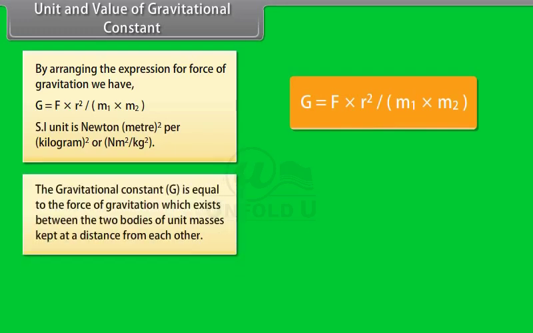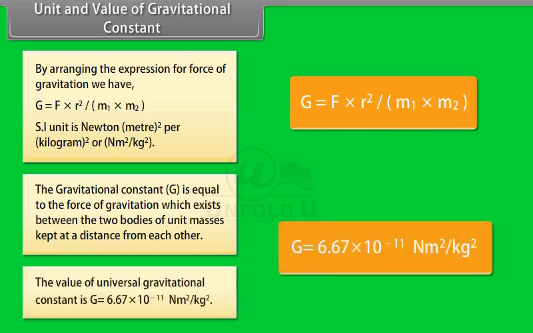The gravitational constant G is equal to the force of gravitation which exists between two bodies of unit masses kept at unit distance from each other. The value of the universal gravitational constant is G = 6.67 × 10^-11 N m²/kg².